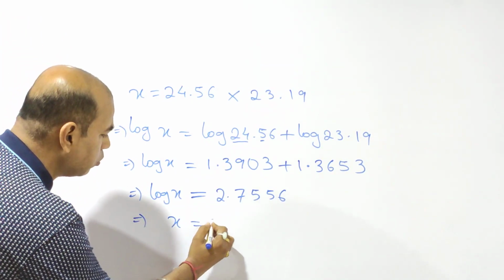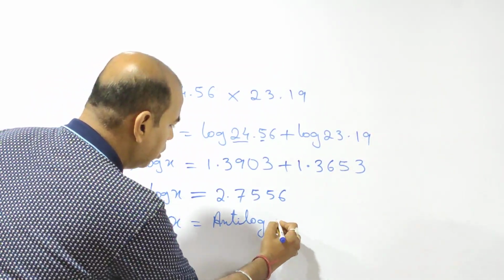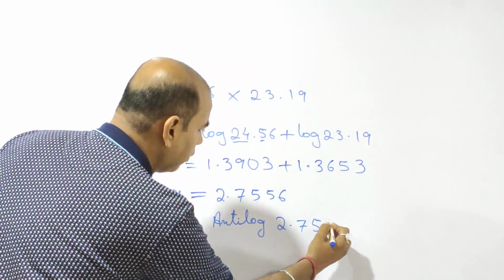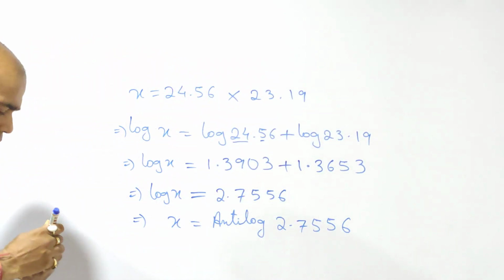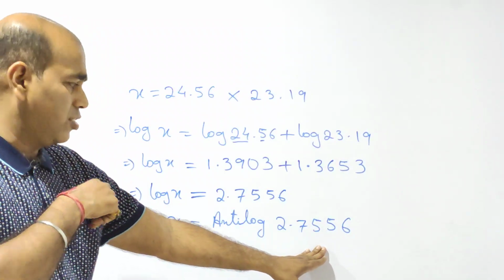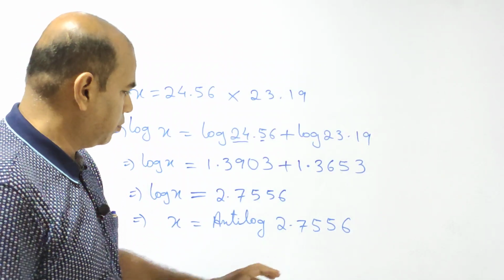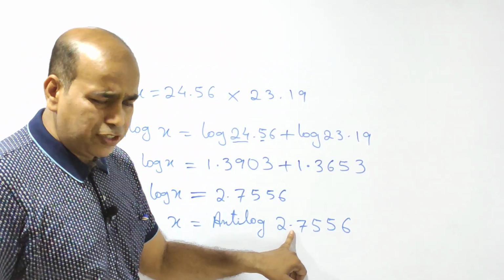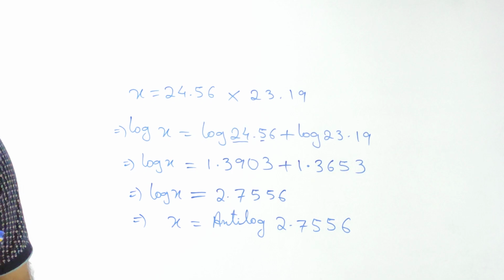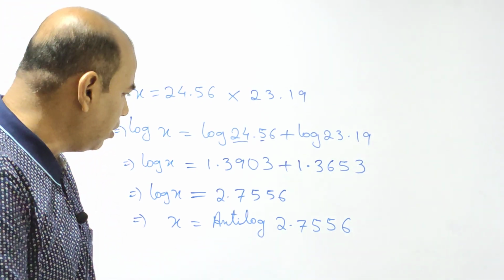So x equals to anti-log 2.7556. Now, when I will go for anti-log, remember I told you Mantissa. Anti-log, we will go to anti-log table. If you check anti-logarithm table, there is logarithmic table and there is anti-logarithm table.